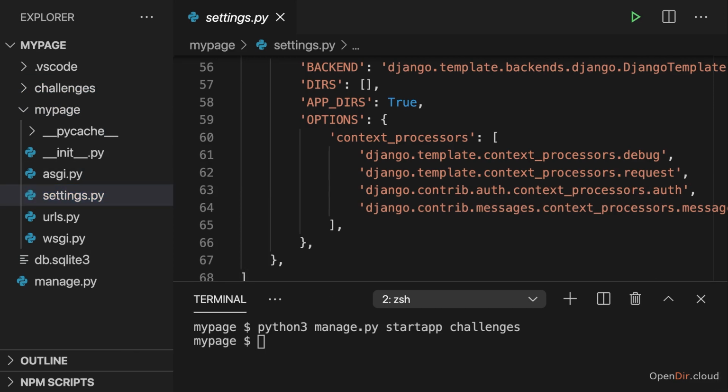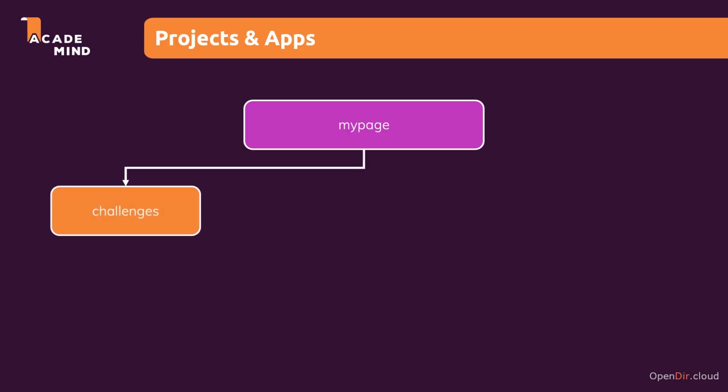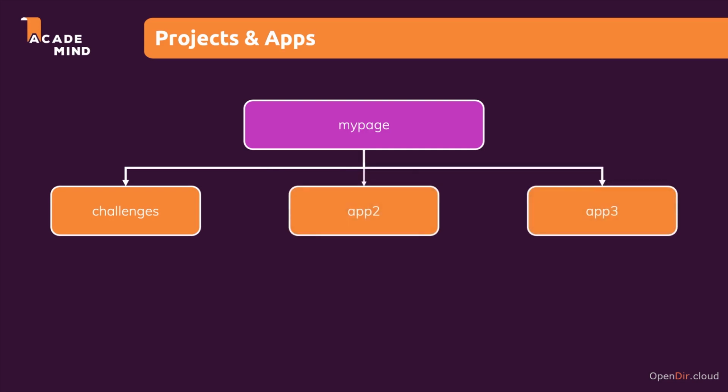So this My Page folder inside of the created My Page project basically holds the project-wide configuration for this project. But then in addition to that project-wide configuration, we got individual apps, modules, we could say, which we add to this project, which combined make up this project.